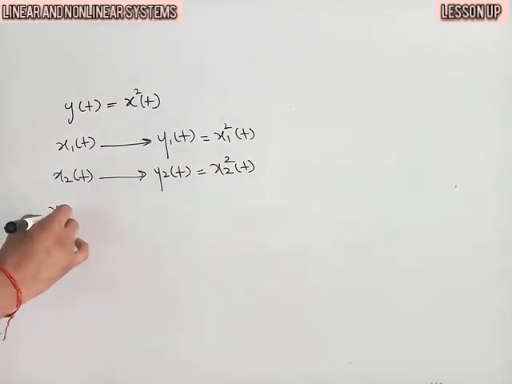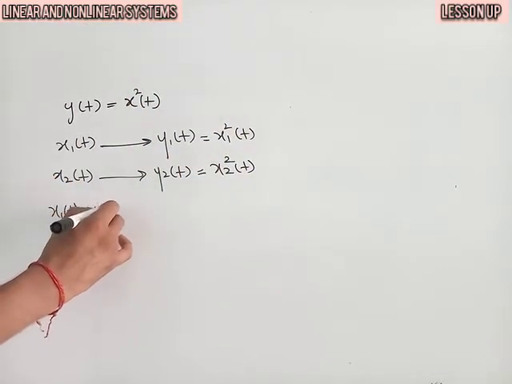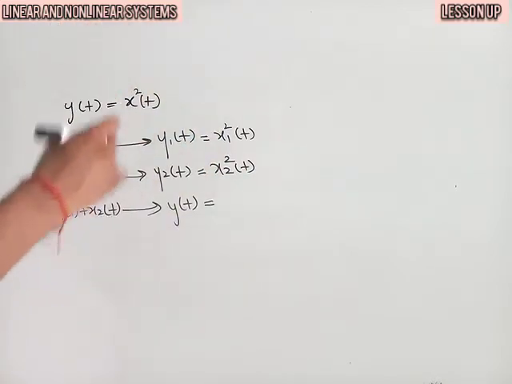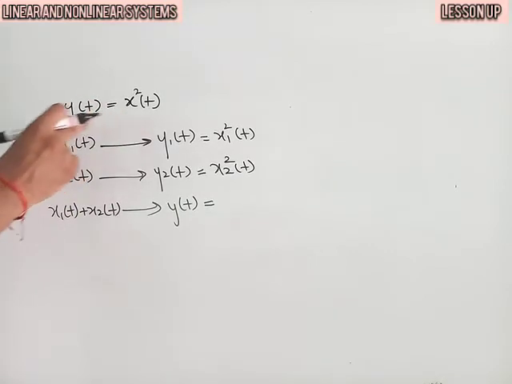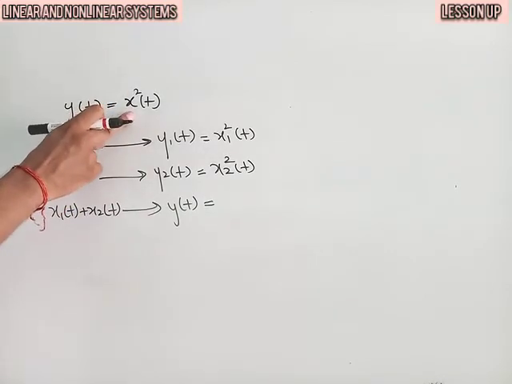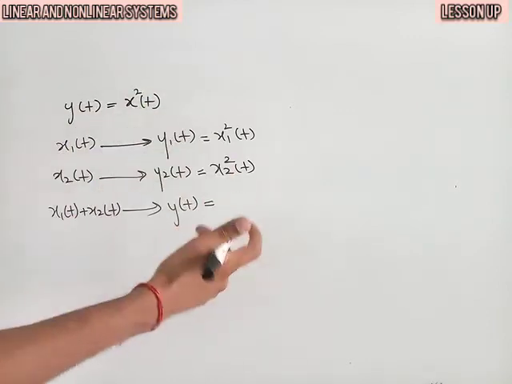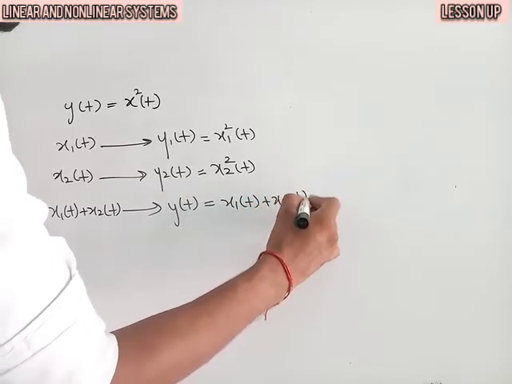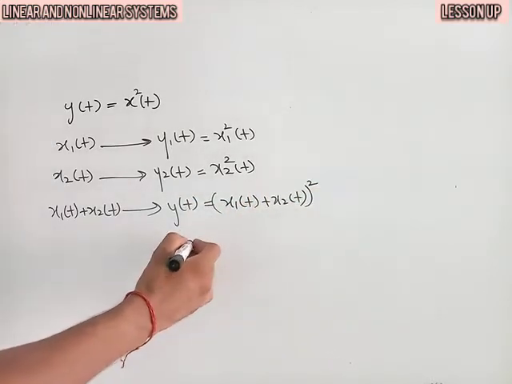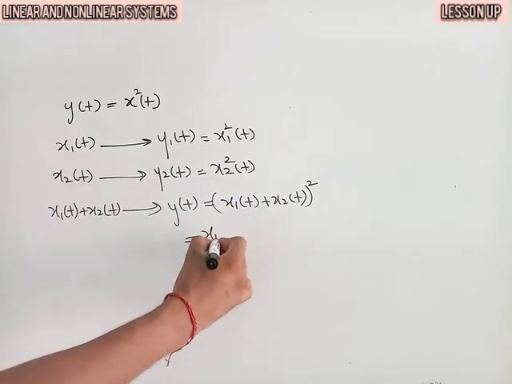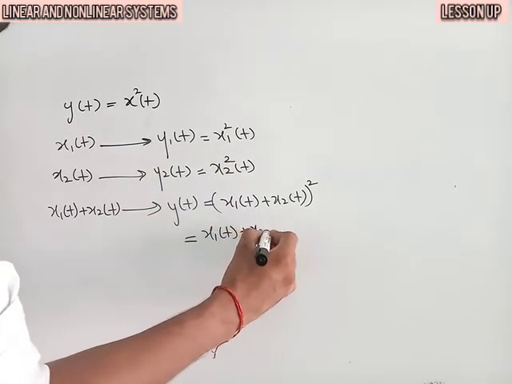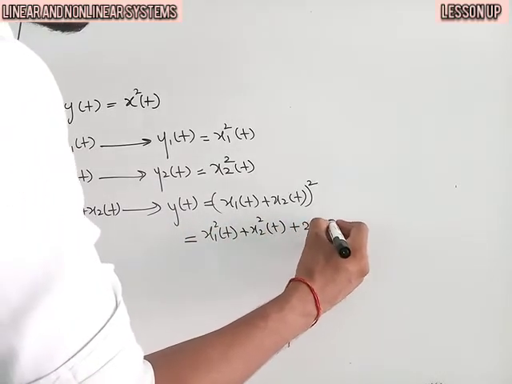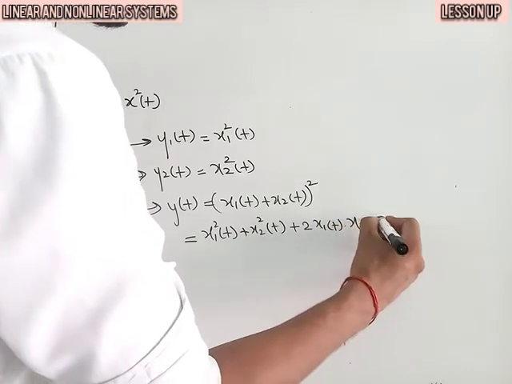If we give both the inputs x1 of t plus x2 of t, we will get y of t, and the relationship between input and output is that y of t is input square. So, it will be x1 of t plus x2 of t whole square. If we expand this equation, we will get x1 of t square plus x2 of t square plus 2 x1 of t into x2 of t.